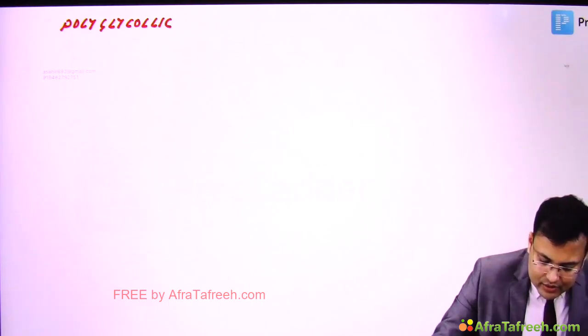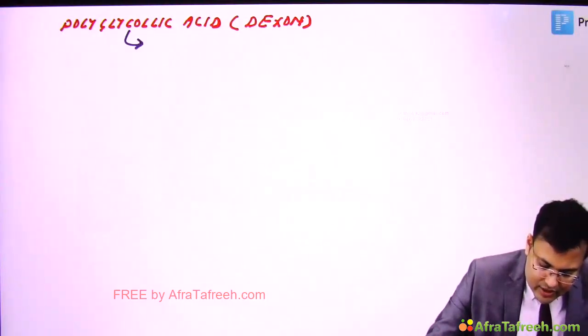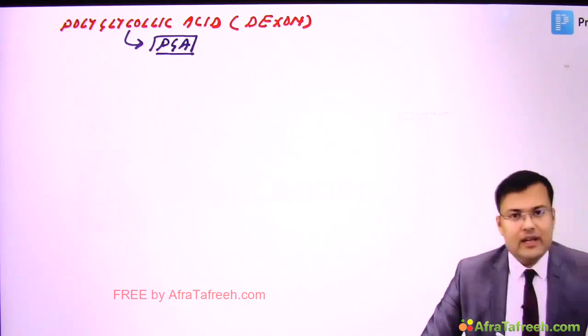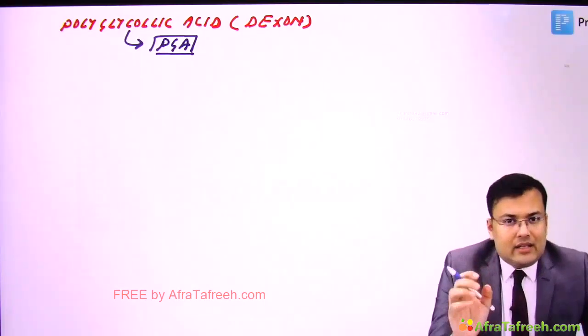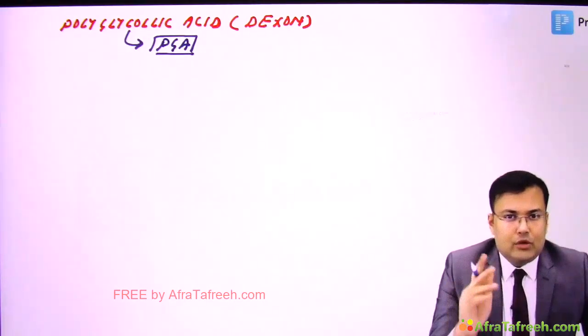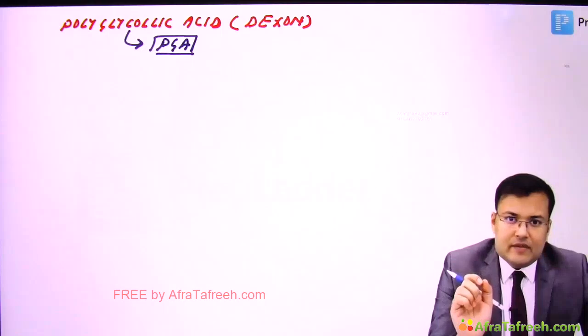Next is polyglycolic acid suture, which is also known as Dexon. Clear? This suture is a polymer of polyglycolic acid, and it is a polyfilament suture. We discussed that polyfilament sutures carry an increased risk of infection.